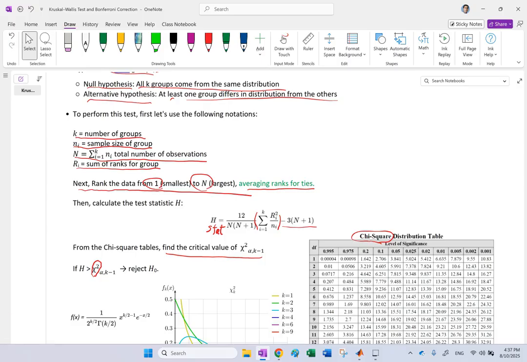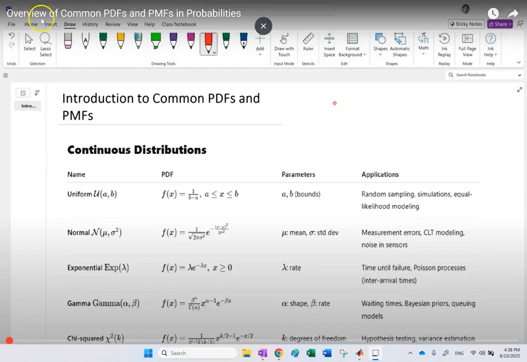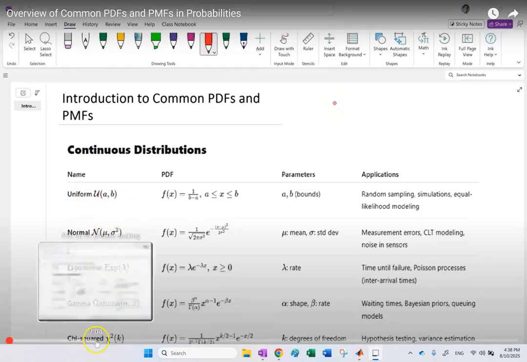If you want to know more about different types of distributions, I have a video under this playlist, Engineering Mathematics. Let me show you that. That's this video. It's called Overview of Common PDFs and PMFs, Probability Distribution Functions and Probability Mass Functions. These are for continuous variables. These are for discrete variables. If you go down the list, you can see at the bottom of this list, guess what?